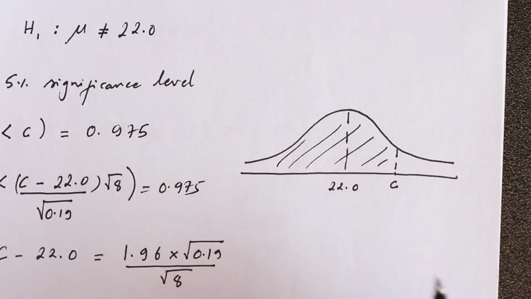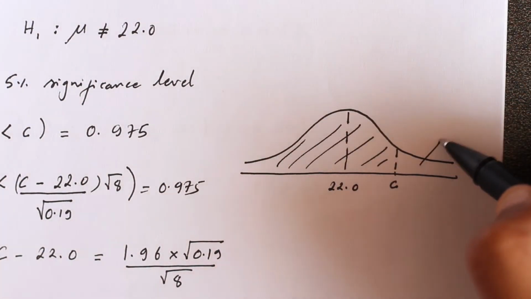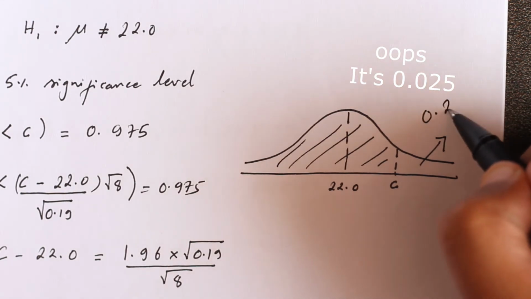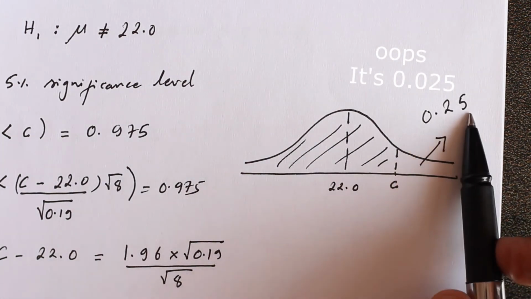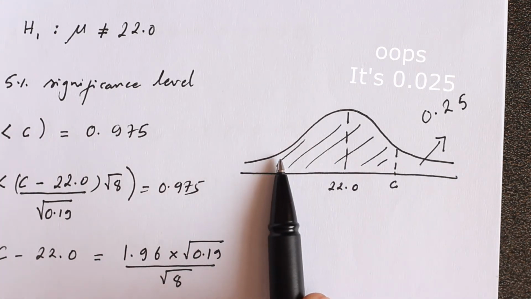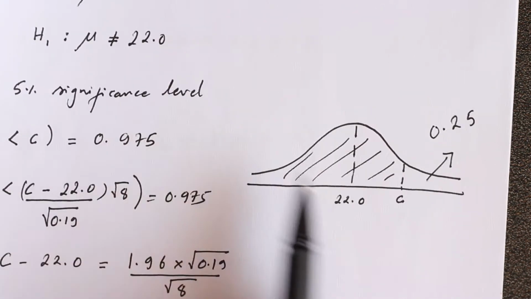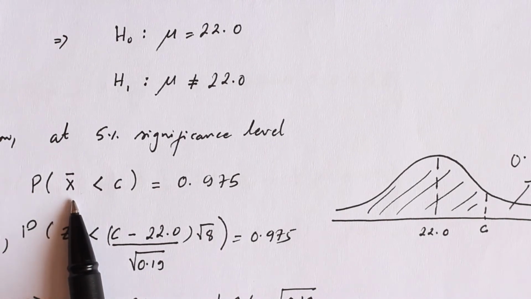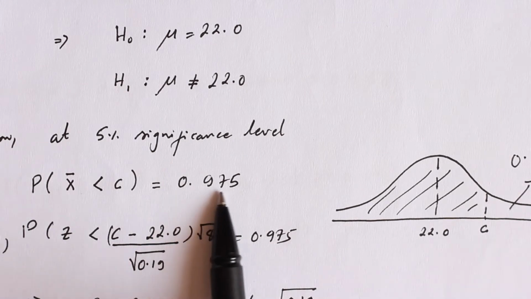So the area in each tail will be 0.025, and the area to the left of C will be 0.975. So we can say the probability that the mean is less than C is 0.975.